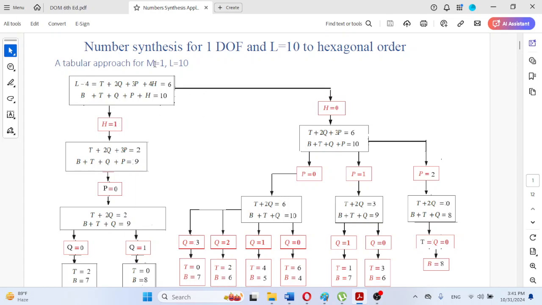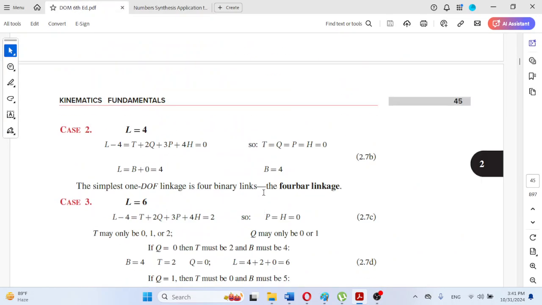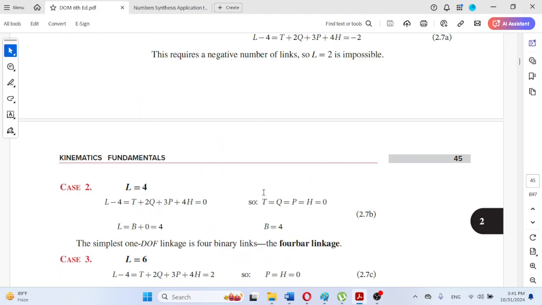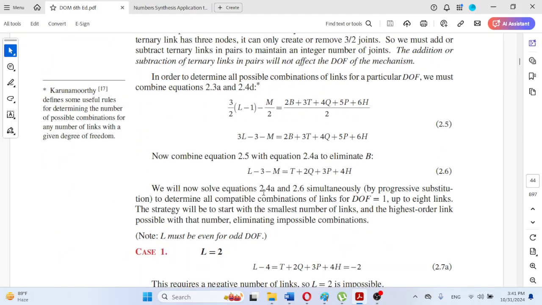So the tabular approach for M, means DOF, equal to 1 and L equal to 10. This is the basic equation, equation 2.6, L minus 3 minus M. M here is 1, as we can observe if we refer to the equation here. This equation 2.6 means DOF is 1, so L minus 3 minus 1 means L minus 4.